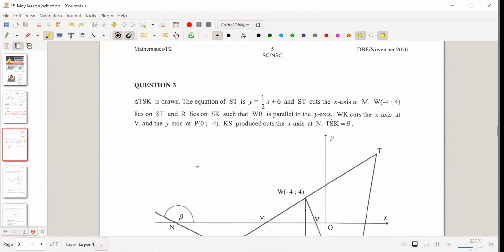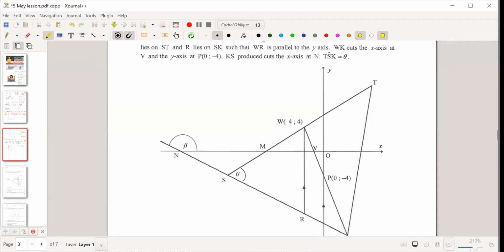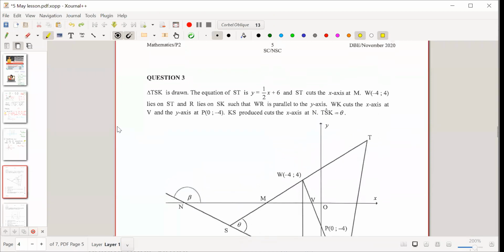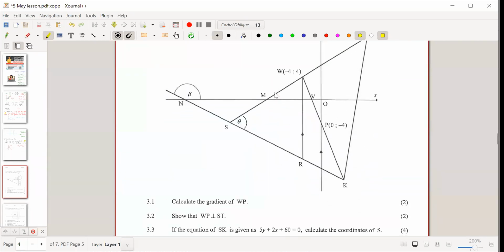Okay, so now that we've gone through this, let's discuss the following problem. This is question 3 from the November 2020 paper. We are told the following, that ST is given by half x plus 6.